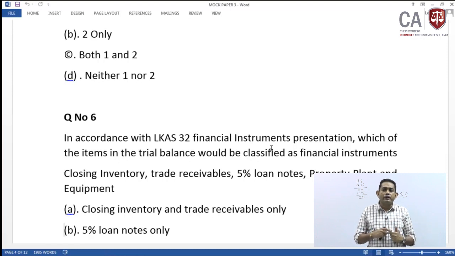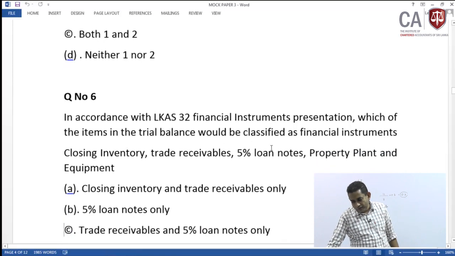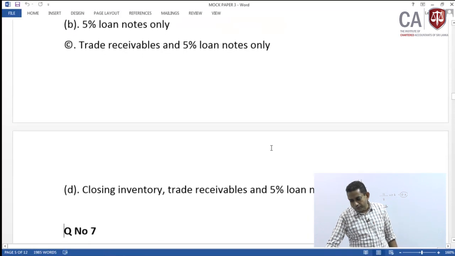We have the contractual obligation to deliver cash, so it is a financial liability and a financial instrument also. Property, plant and equipment, not. So, there are only 2 items here that fall within the definition of financial instruments: trade receivables and 5% loan notes. So, the answer has to be C, trade receivables and 5% loan notes only.